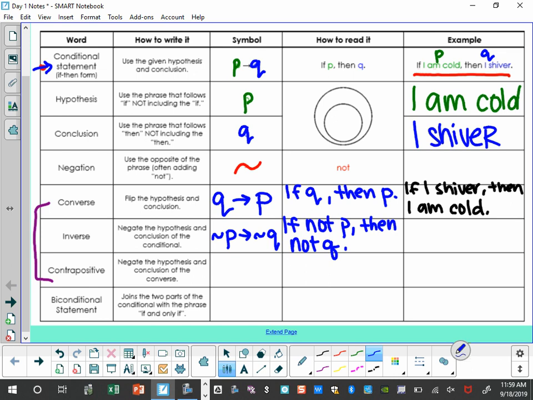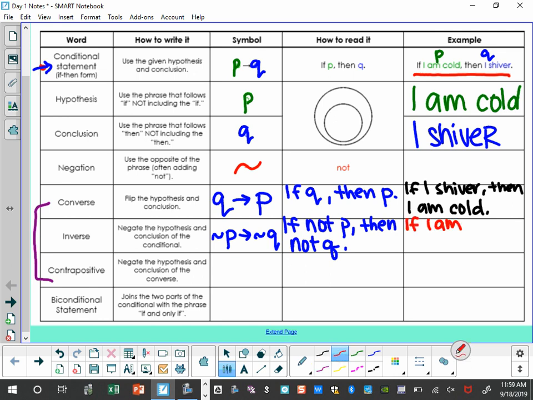All right, so let's look at our original. The original statement is if I'm cold, then I shiver. But now I need not P and not Q. So I'll start it: if I am not cold, then what? Then I don't shiver. That's the way to put it.